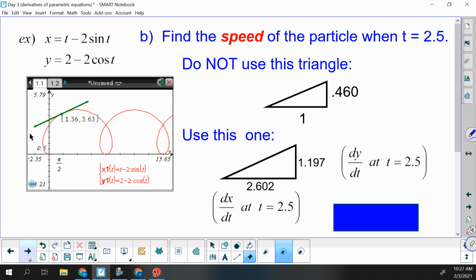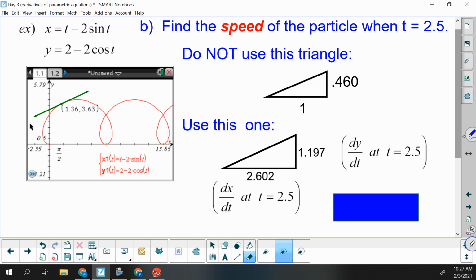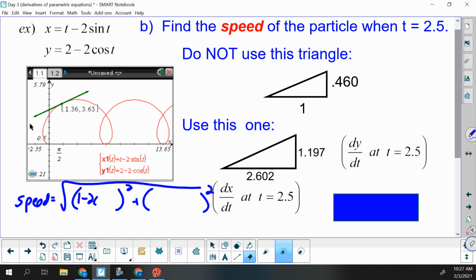On the bottom, we got the same function we want to do at 2.5 again, and we want to find the speed. Well, our speed is just the square root of our dx over dt squared plus our dy over dt squared with that time filled in. So dx over dt, we had 1 minus 2 cos of 2.5. And the dy over dt, we had 2 sine of 2.5.